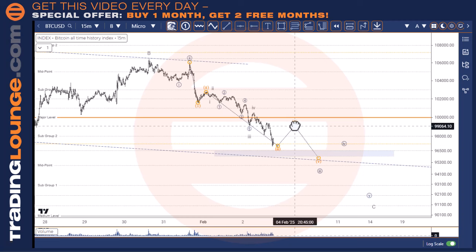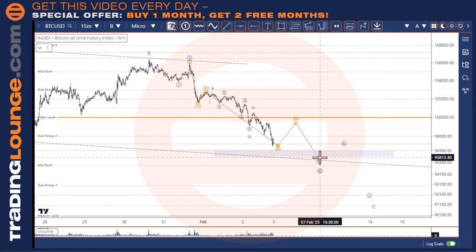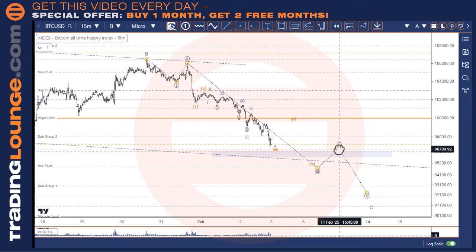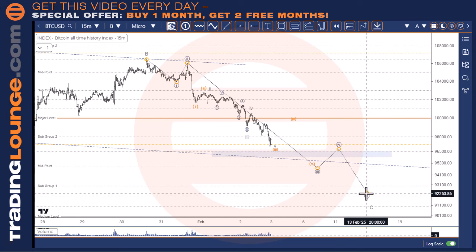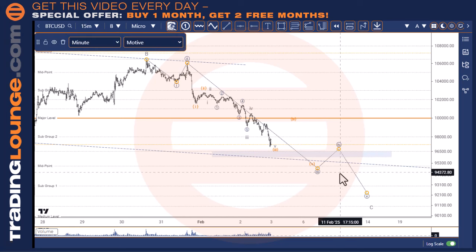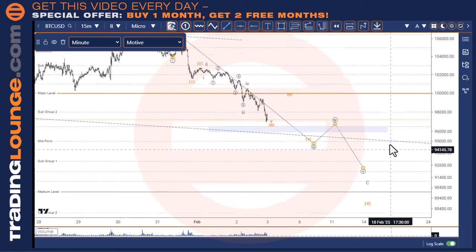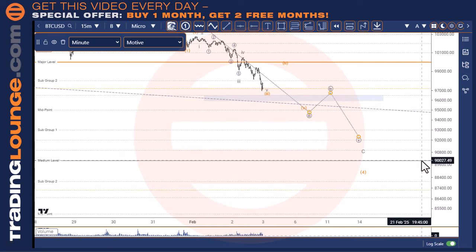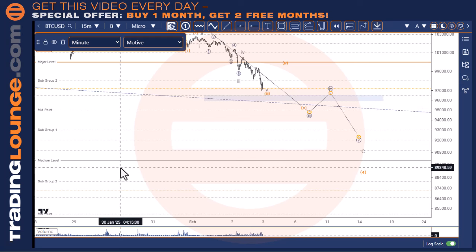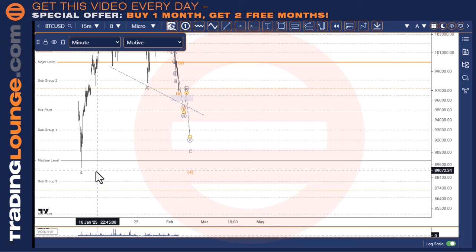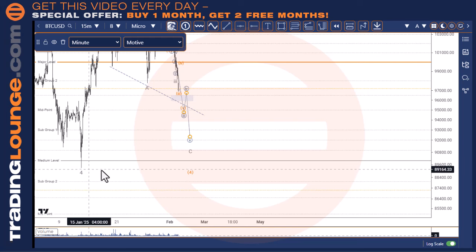Not sure how far it could come back up to here, it could come lower, all of that sort of stuff, but it still needs this wave 5, this wave 3, this wave 4, and this wave 5. Now, it all could be much shorter, and it may not come down this far, but I think we should be considering this around this level here, where the wave 4 of the previous count was.